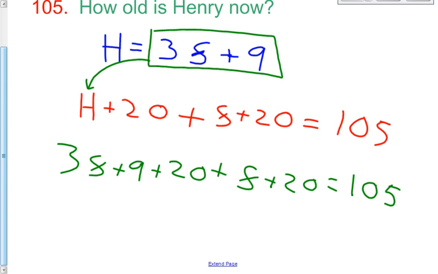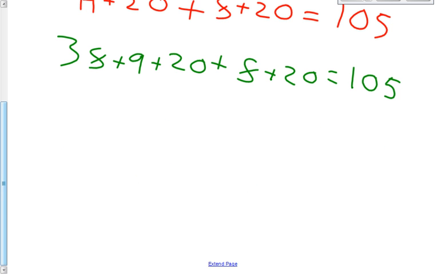Let's solve for s. Combining like terms, 3s plus 1s is 4s. 9 and 20 and 20 makes 49. That equals 105. Let's subtract 49 from both sides.